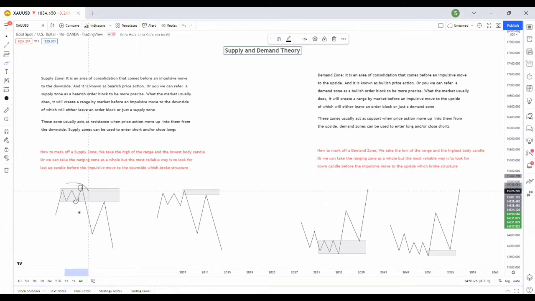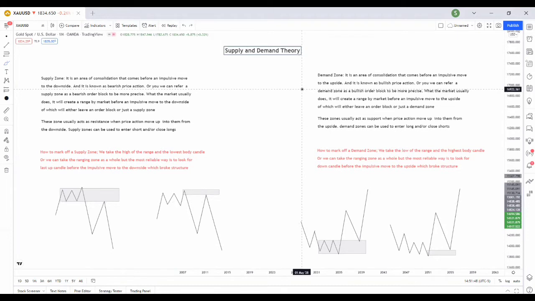So we can take the whole ranging zone and mark it as our supply, or we can take the last up candle before the strong move to the downside which broke structure. It is as simple as that. Make sure that you grasp it and take notes.